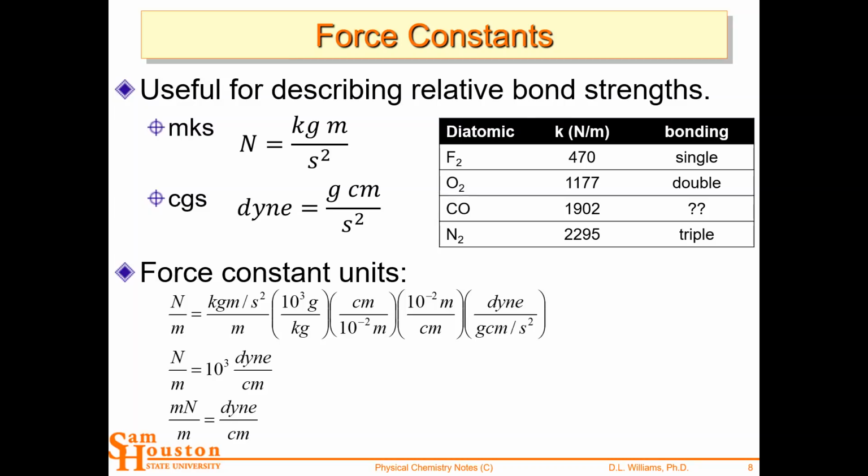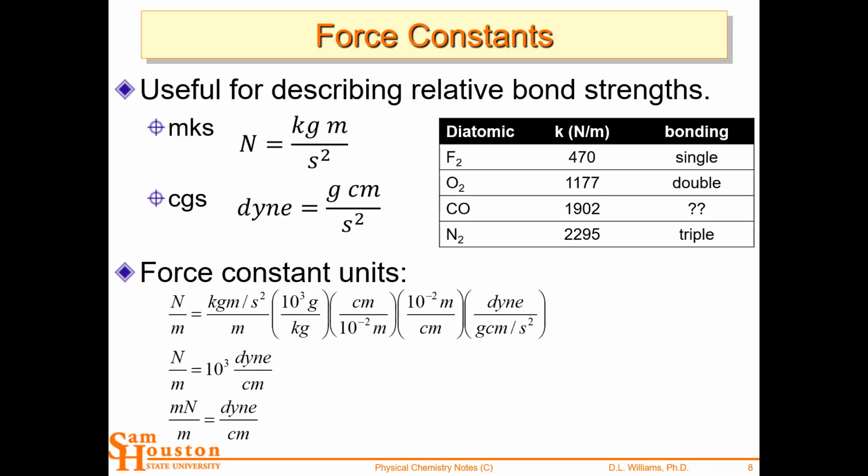Now, thinking about the units, you will see in the literature different kinds of units for force constants. Sometimes you'll see newtons per meter, but other times you'll see dynes per centimeter. And you may be wondering, what on earth is a dyne? There are two types of metric systems, two different sets of base units.